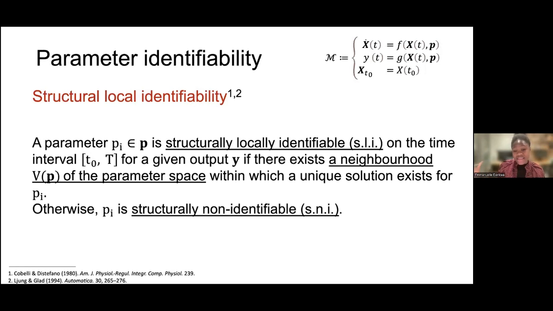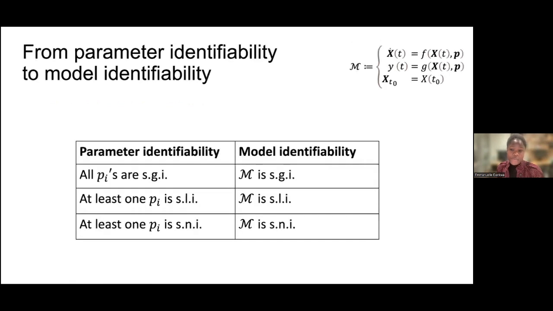That is, at other points in the parameter space, there might be other solutions, but this parameter does not have infinitely many solutions. In that case, it's structurally non-identifiable. But if it has finitely many solutions or just a few solutions, or if it's identifiable only within a restricted area in the parameter space, we say that the parameter is structurally locally identifiable.